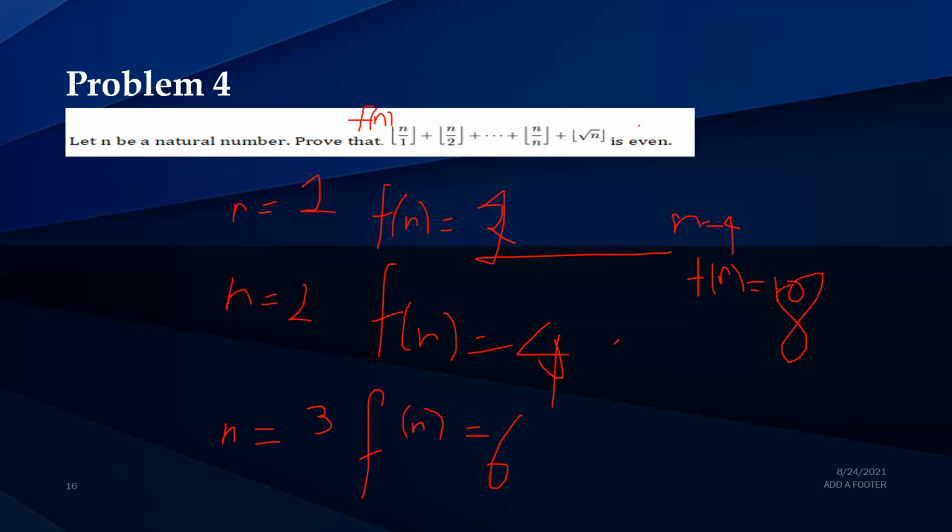Actually, let's just calculate, remove this root of n. So 1, 3, 5, 8. Now I can see a pattern right here, that this expression is basically the sum of divisors of 1 plus sum of divisors of 2 plus sum of divisors dot dot dot plus sum of divisors of n.